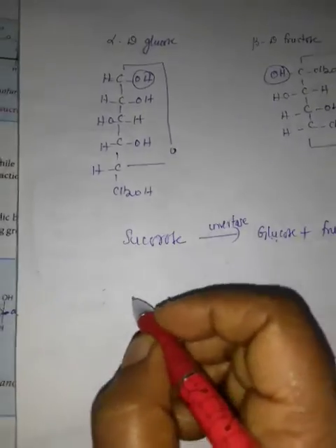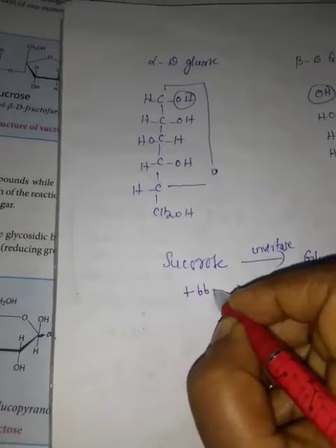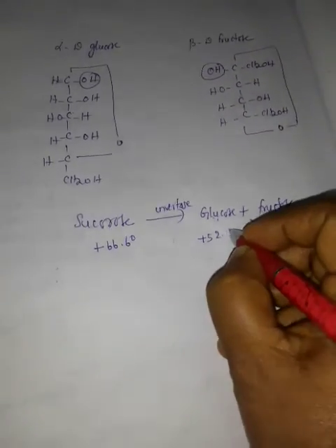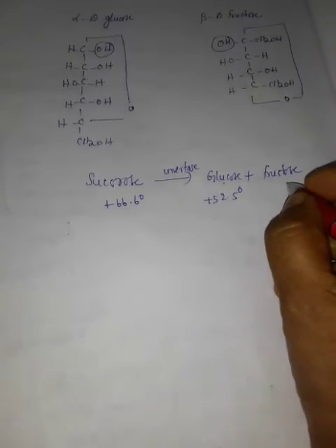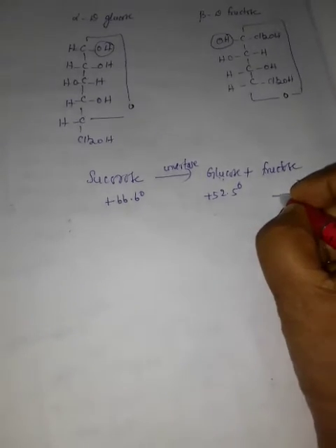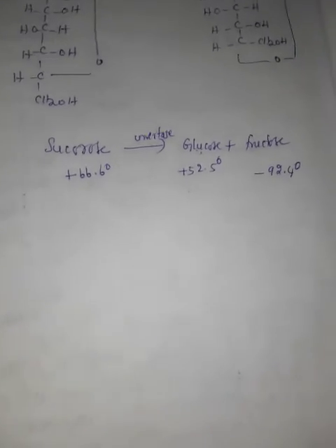Sucrose has a specific rotation of plus 66.6 degree, glucose plus 52.5 degree, and fructose minus 92.4 degree. These are the specific rotation values of these 3.